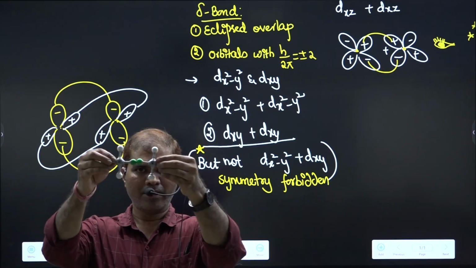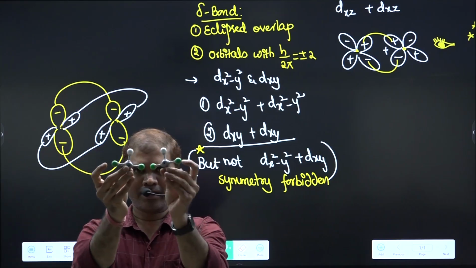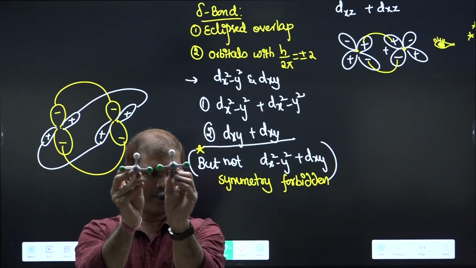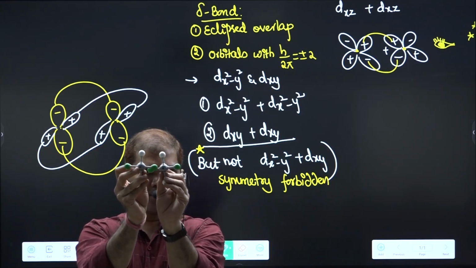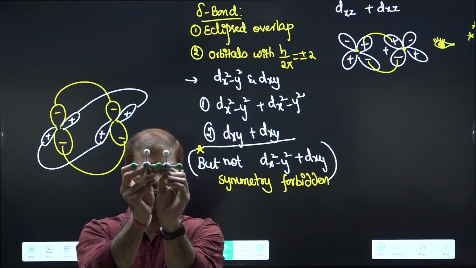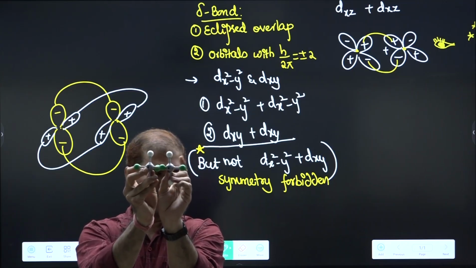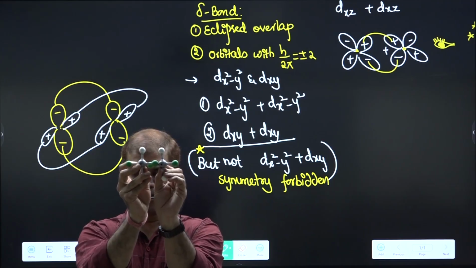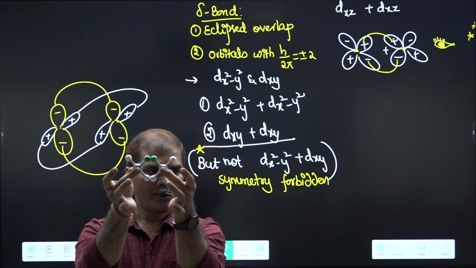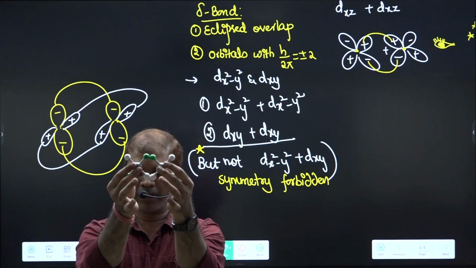What is happening, can you see? If I am just holding it like this, imagine this is the nucleus and this is the nucleus, they are far apart. Even if I overlap up till this distance, can you see the distance between the two nuclei? Overlap is very strong, almost bond to bond overlap. Still the nuclei are distant. But just look at the pi bond. Already the distance is close between the nuclei.